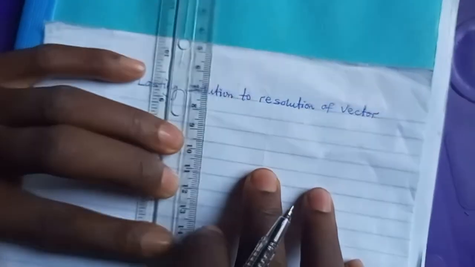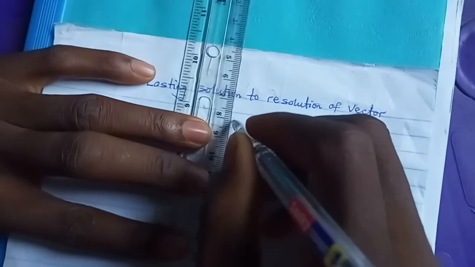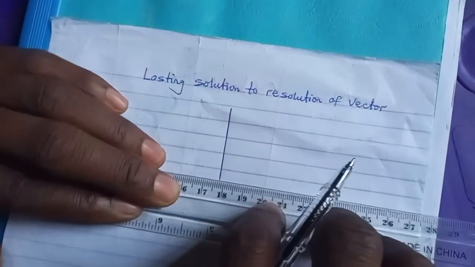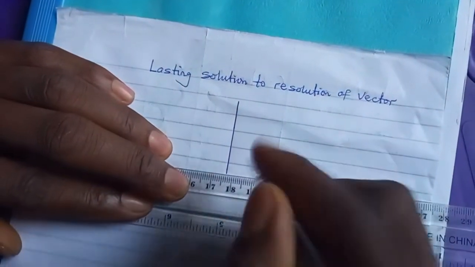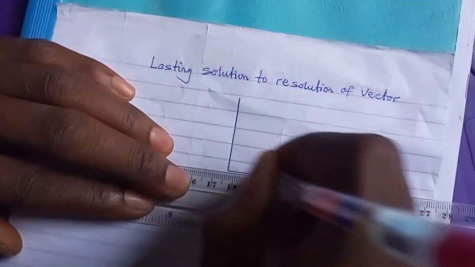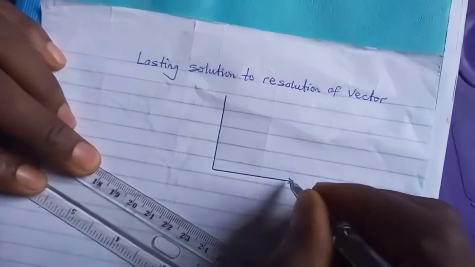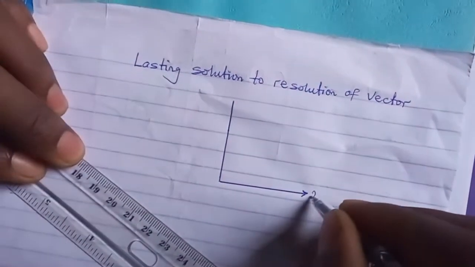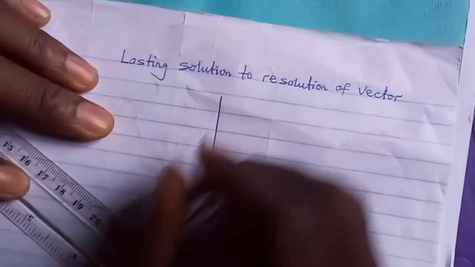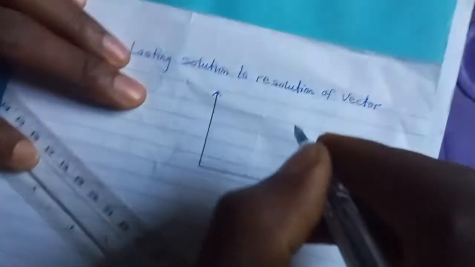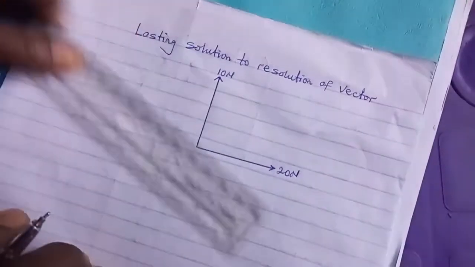Let's look at this question together. This is our y-axis and this is our horizontal axis. Let us assume at the horizontal axis here we have a force of 20 Newton, and for the vertical axis we have a force of 10 Newton.